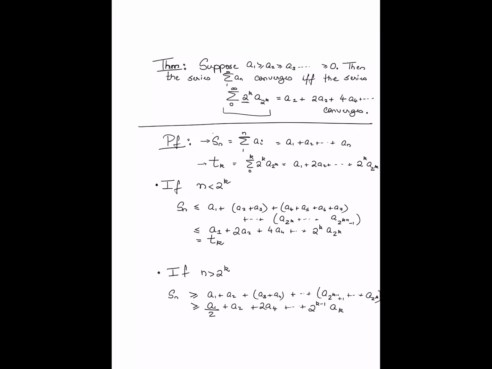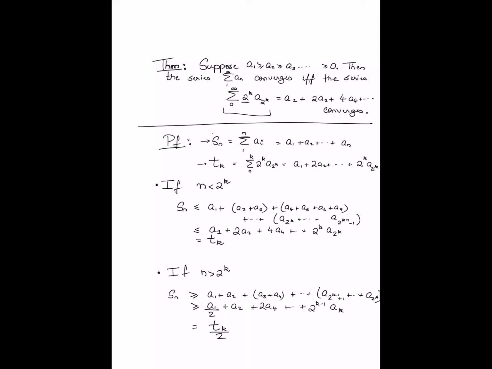Now I want to bound from below, which means in every bracket, in the earlier case, I bounded in terms of the first term of the bracket, which gives me an upper bound. Here I'm bounding in terms of the last term in the bracket, which is why I'm getting a lower bound, right? One round of staring tells you that this is in fact tk by 2. Okay, so again, for n greater than 2 raised to k, Sn is greater than or equal to half times tk.